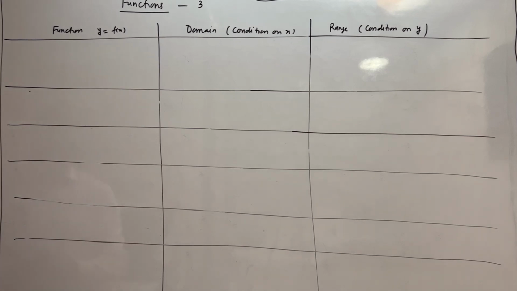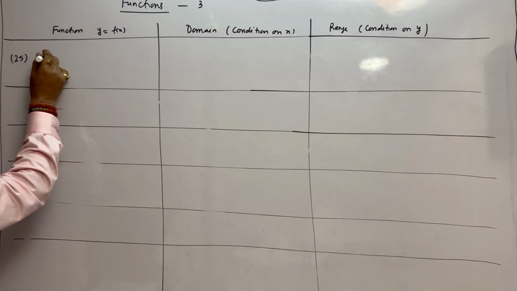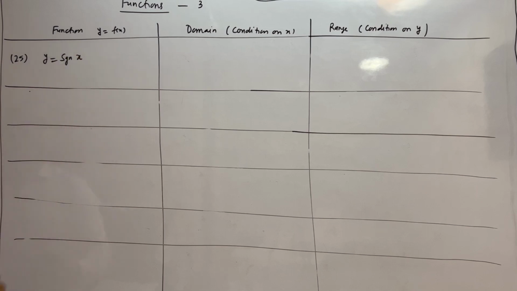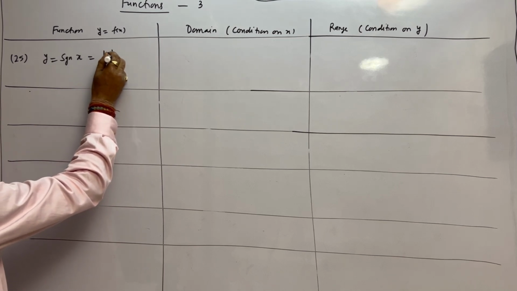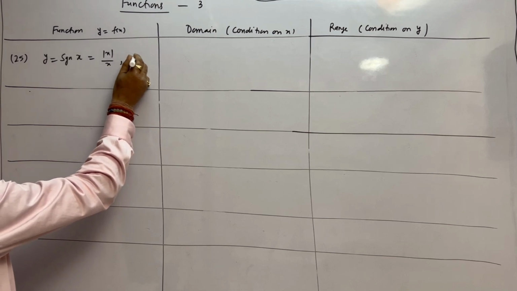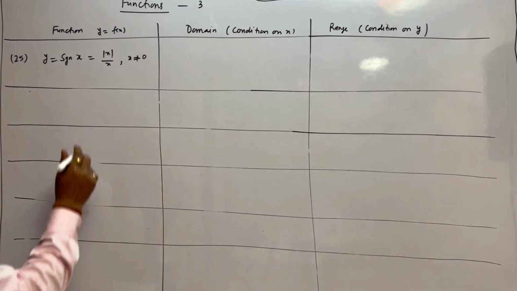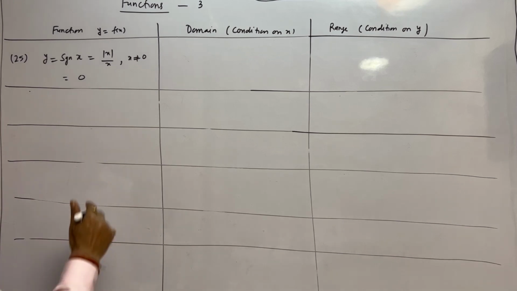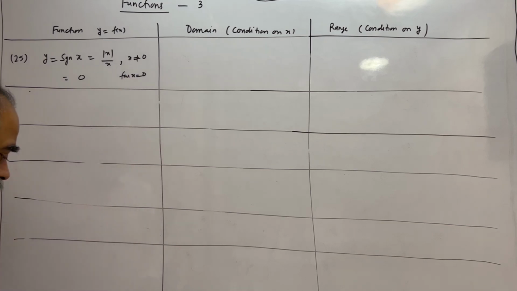Next is signum function. Signum x, which is same as modulus x upon x for x not equal to 0, and equal to 0 for x equal to 0.